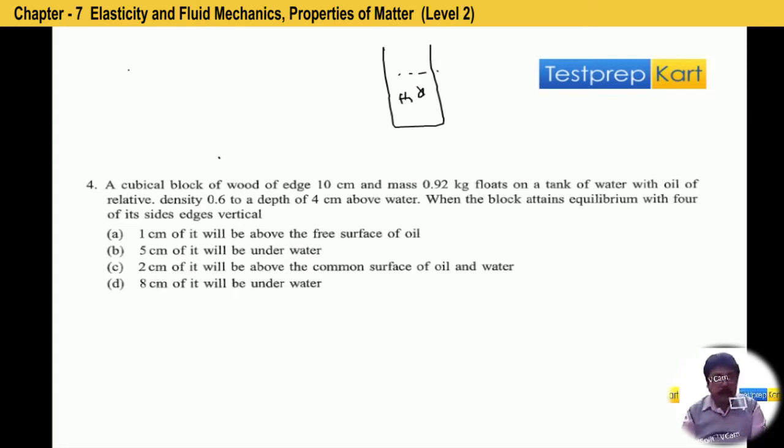So for equilibrium, the buoyant force should equal W, and W is equal to mg. So the value of m is 0.92, into g.